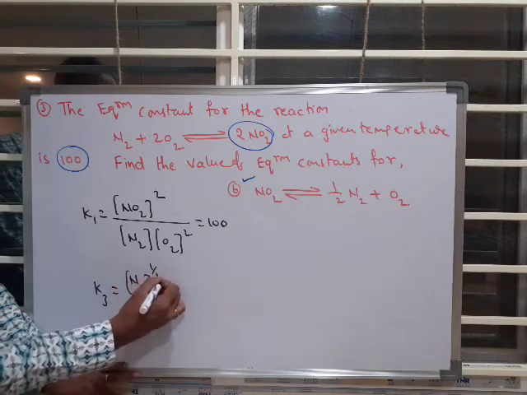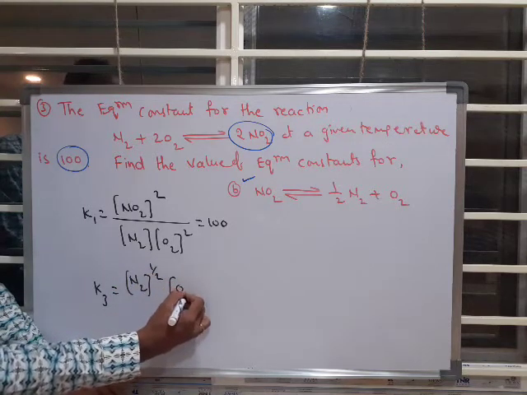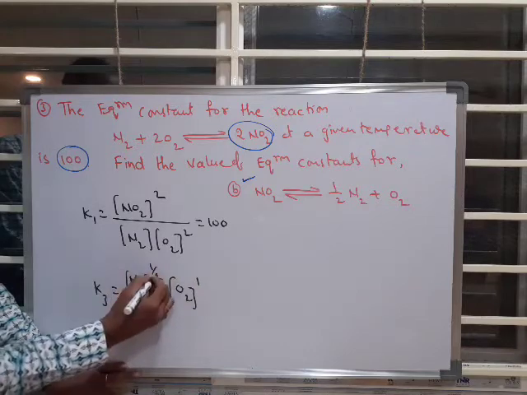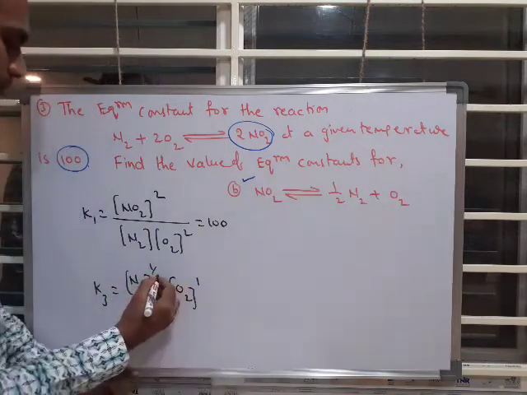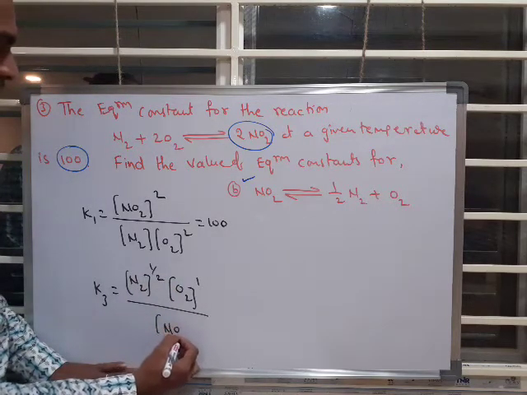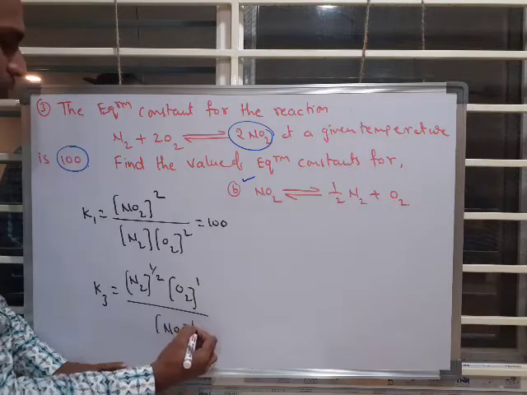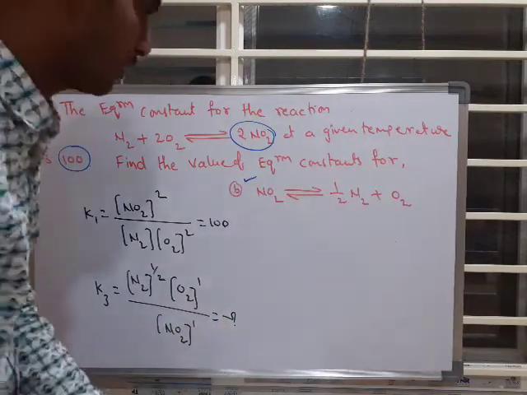So N2 power 1 by 2, O2 power 1 by NO2 power 1. This is 1 molar. So I have to find this. So K1 K3, so actually okay.